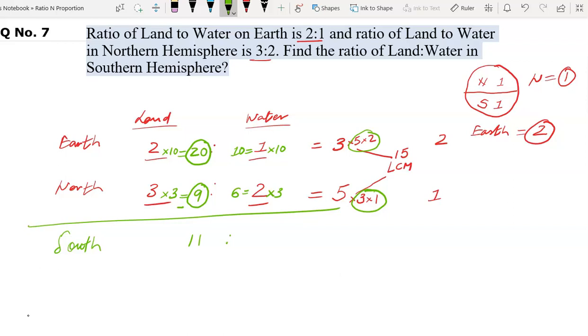And water on earth is 10. In the northern hemisphere water is 6. So in southern hemisphere water will be 10 minus 6, which is 4. So in the question it's given, find the ratio of land to water in southern hemisphere. So in southern hemisphere the ratio of land to water is 11:4, and this is our answer.